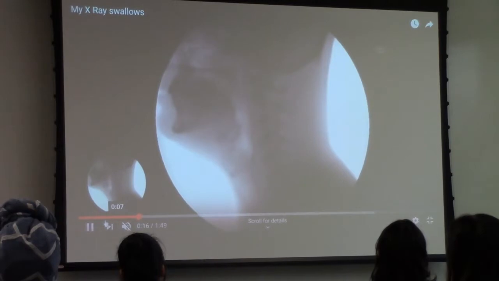So you can see it's not just falling, it's being pushed by the peristalsis down the esophagus. It's being squeezed down the esophagus. So you can look at these some more if you're interested.